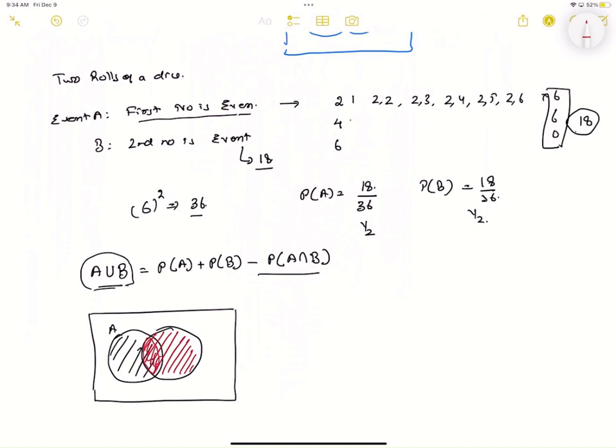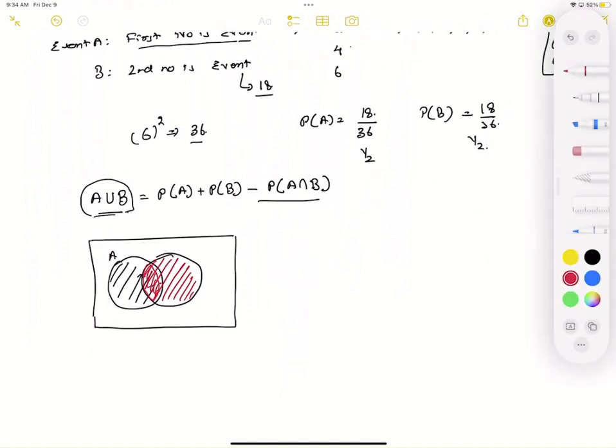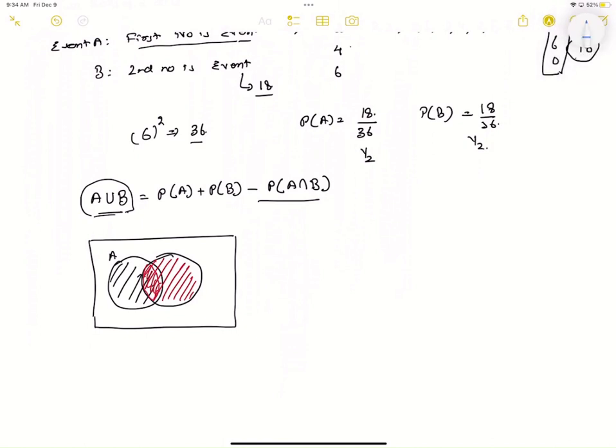So in this situation, we're trying to find the probability of A union B, which means either the first number is even or the second number is even or both.